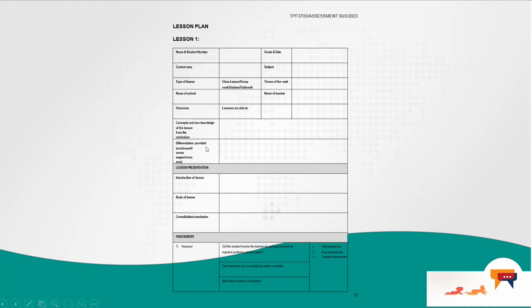Differentiation provided, enrichment, learner support, and concerns. Remember, in your module IFP 3701, you were taught about differentiation. How do you teach the different levels of learners in your classrooms?